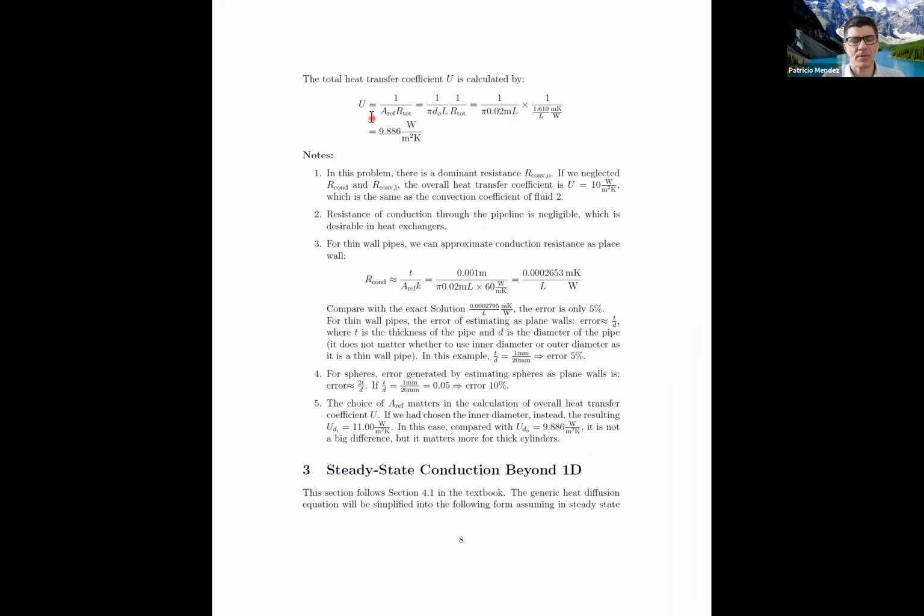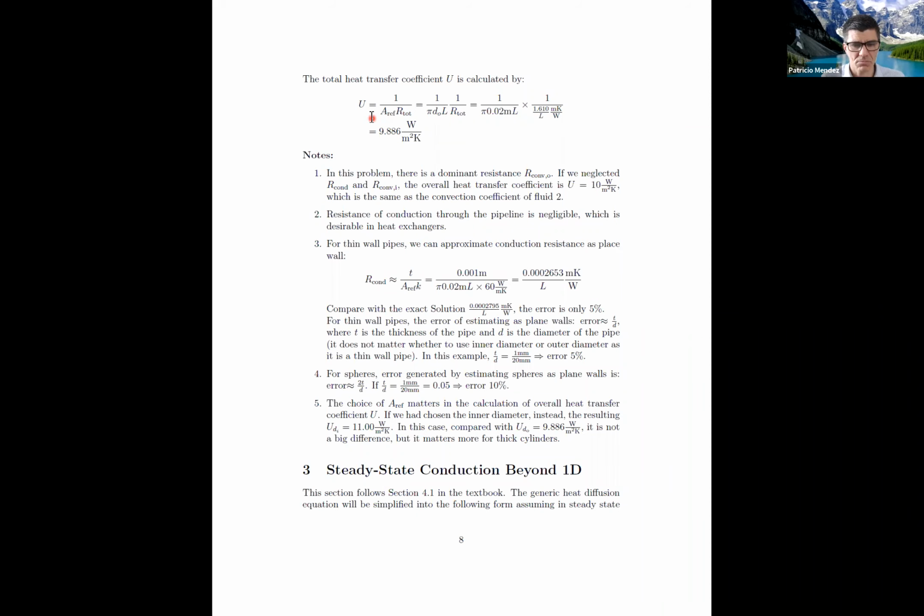So if I, because I'm a very old and experienced engineer, can anticipate that the convection inside didn't matter, and that the thermal resistance of the pipe didn't matter, which, by the way, is the way you design heat exchangers. The last thing you want is to design the pipe to be part of your thermal resistance, because that slows down your heat transfer.